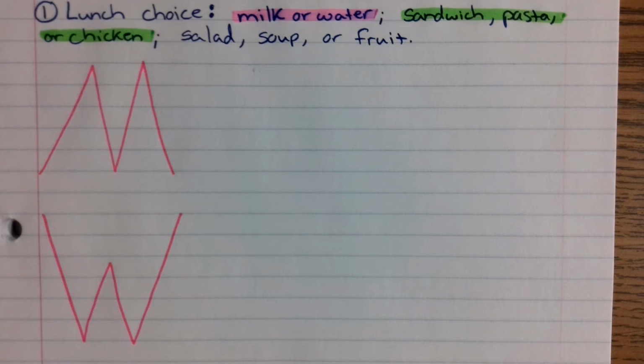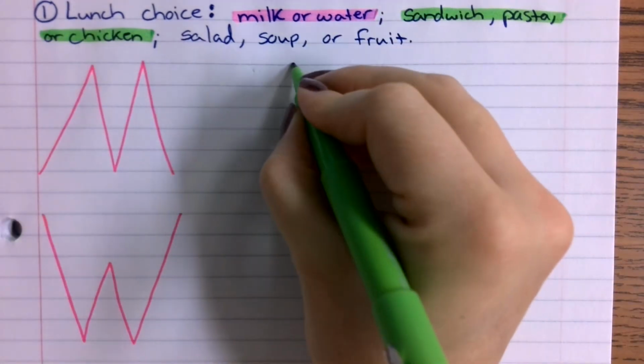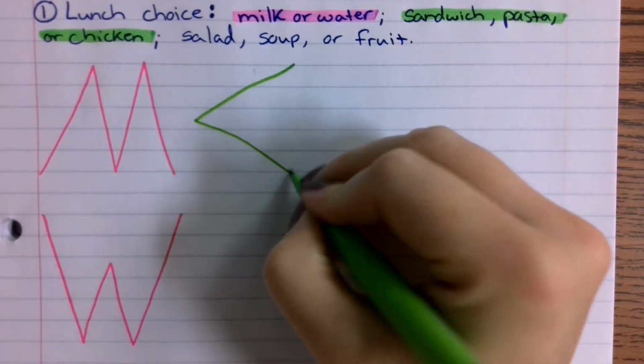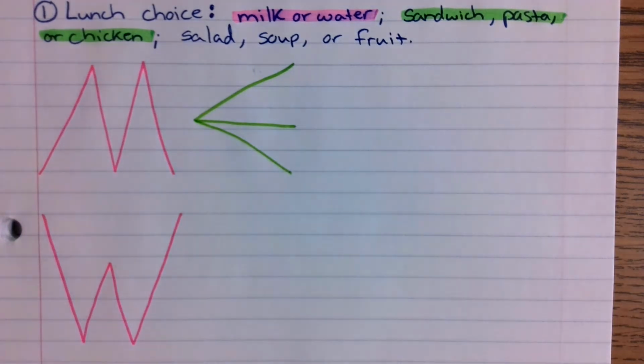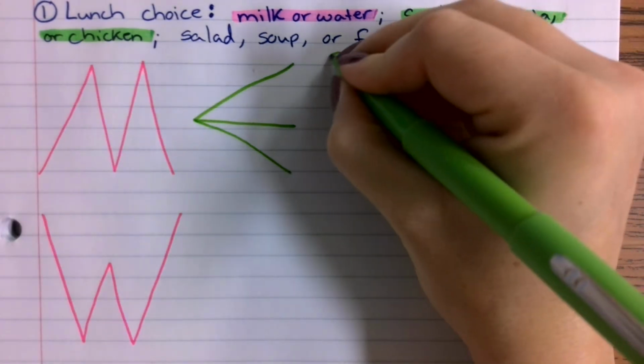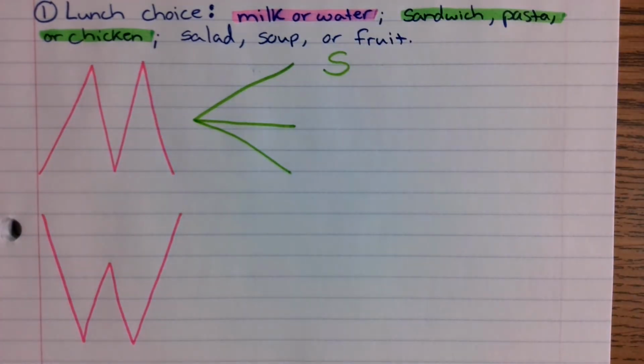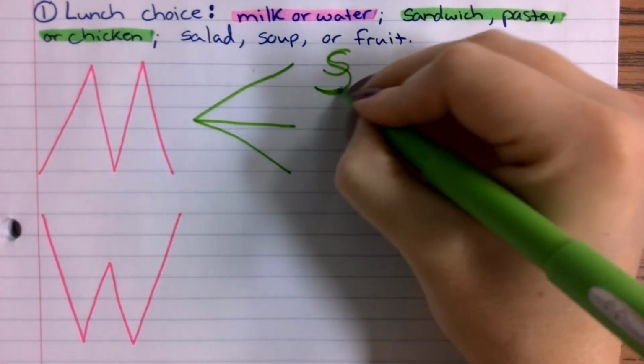After I choose my drink, I go choose my main entree, my main course. So if I choose milk, I have three possible outcomes for an entree. I have a sandwich. I'm going to make that S a little bit bigger.